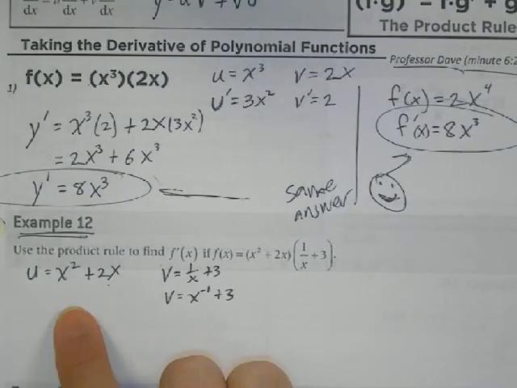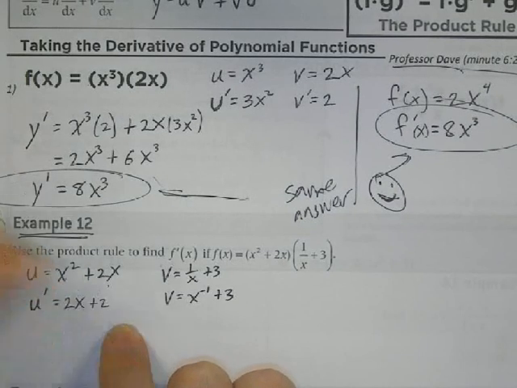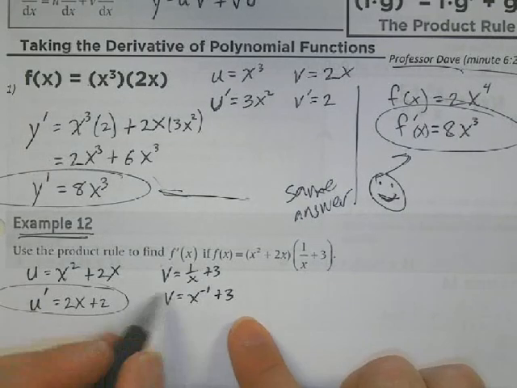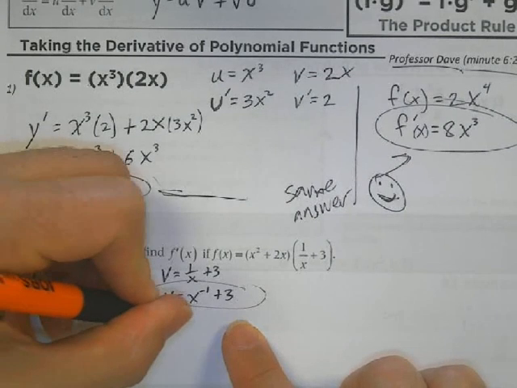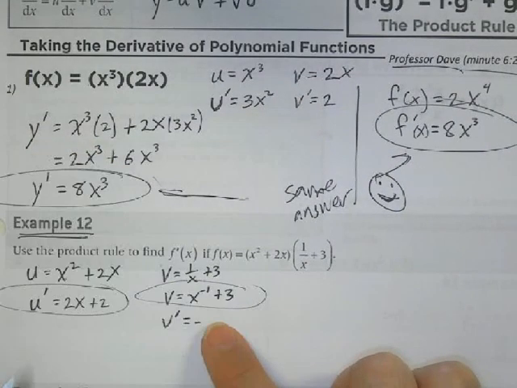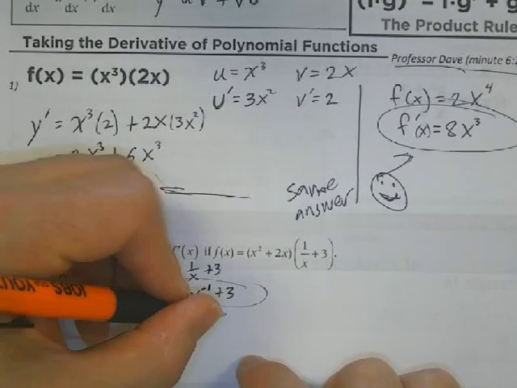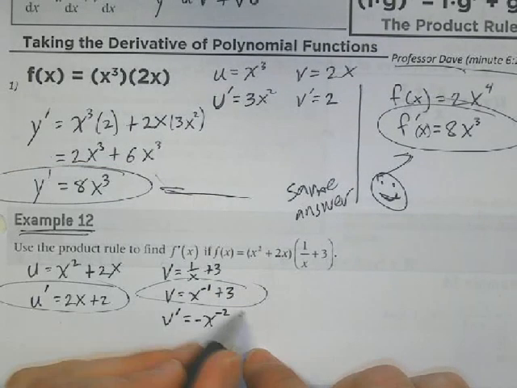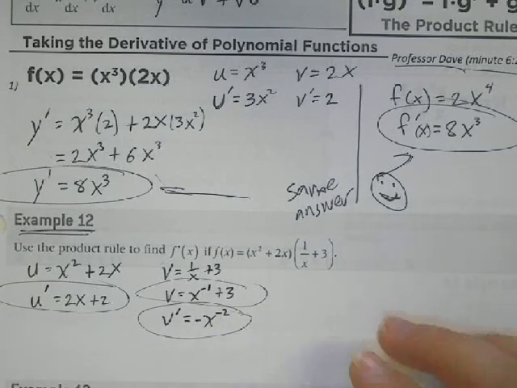Okay, so u prime is equal to 2x plus 2, right? So I've taken the derivative of that. V prime, so power gets multiplied to the front, negative 1, and then this power decreases by 1, so this is negative 2. Okay, so I've got my derivative of v, and the derivative of 3, it's a constant, so it goes away.